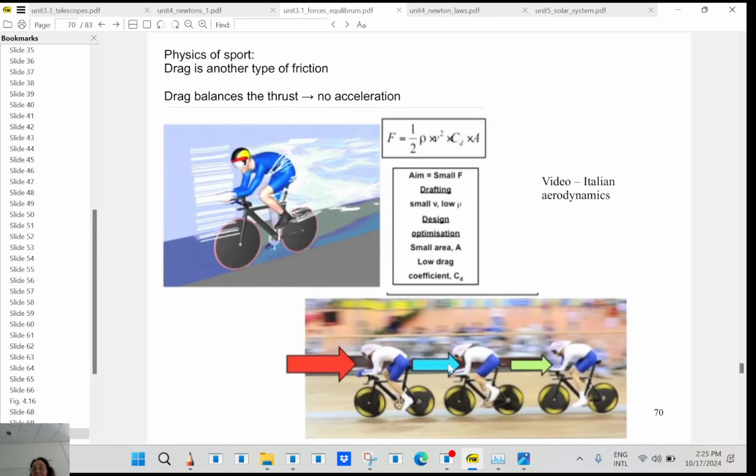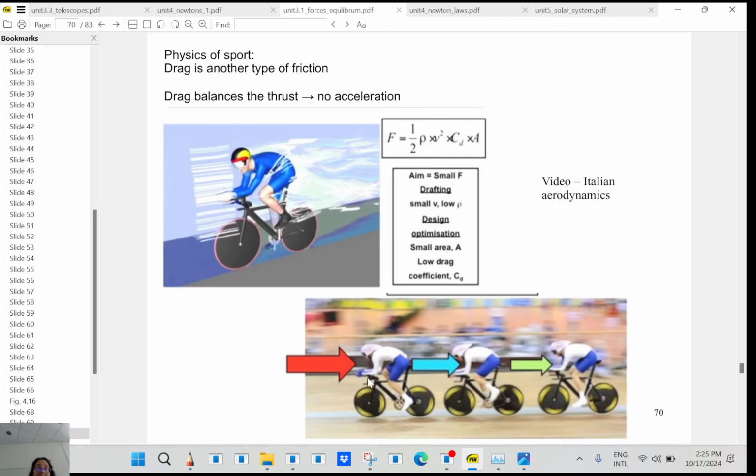Okay, and then you see, if you want to decrease the amount of air resistance, what they do in a race, and it's a team, right, is they take turns being behind or in front. Those behind have it easier, because first of all, there is less air density, and they are not exposed so much to air resistance.